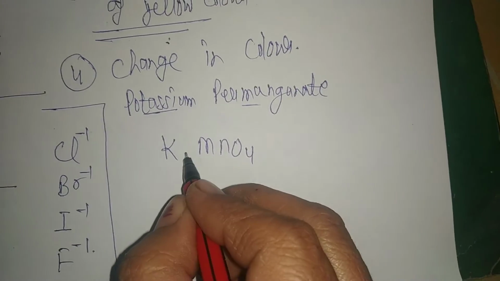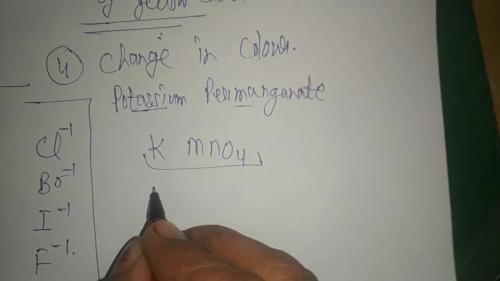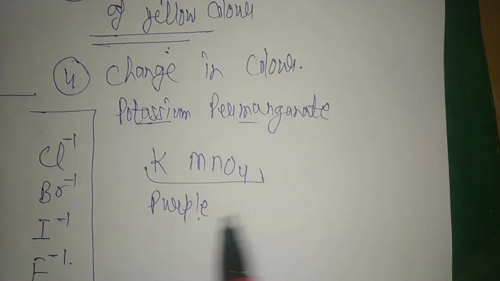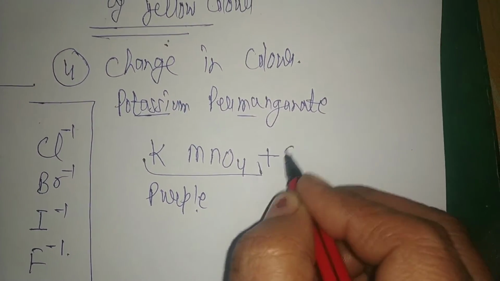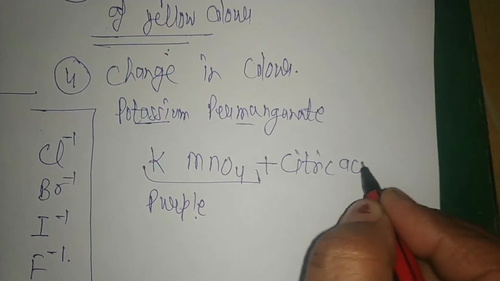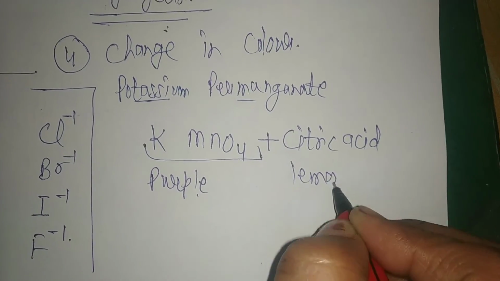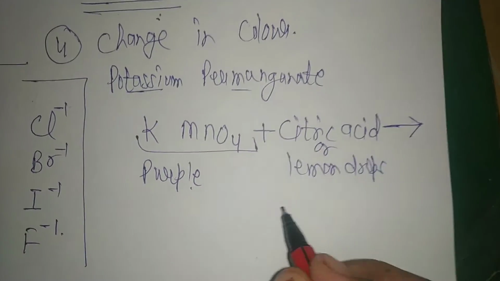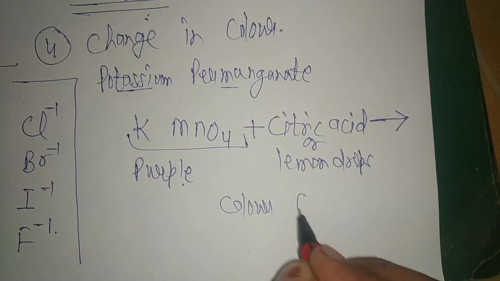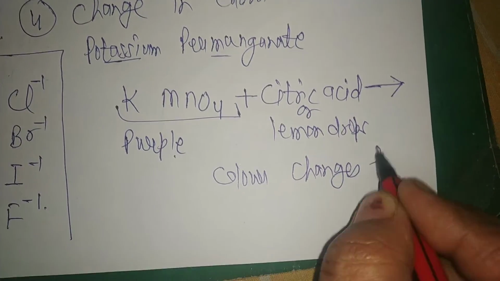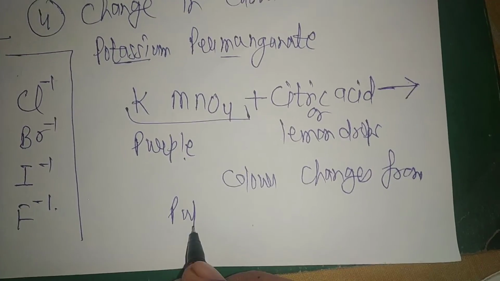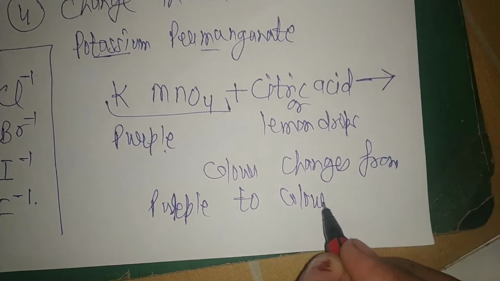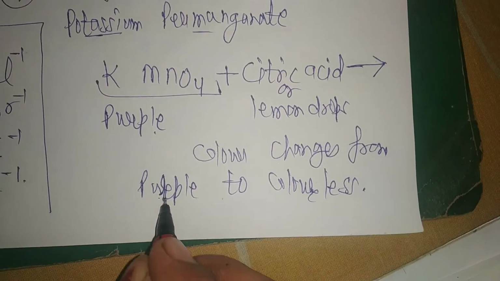This potassium permanganate is of purple color. So when I add citric acid to it, or if I add some lemon drops, then its color changes from purple to colorless. It means the purple color vanishes.